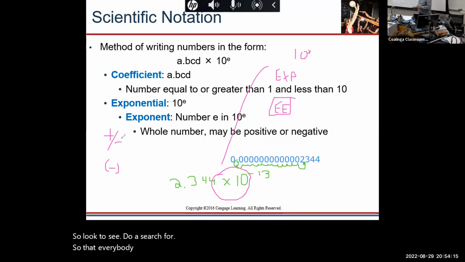Did you enter it? Yes. Okay, so when you entered it, did you guys get the number that we typed? If you hit enter, then you should see it.